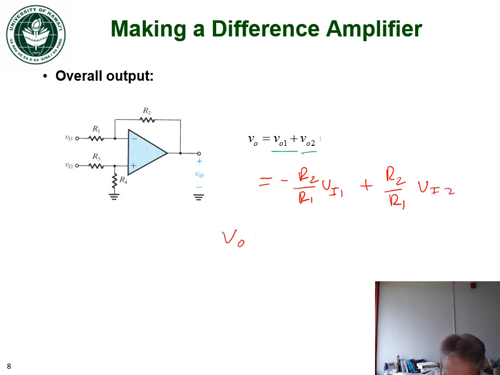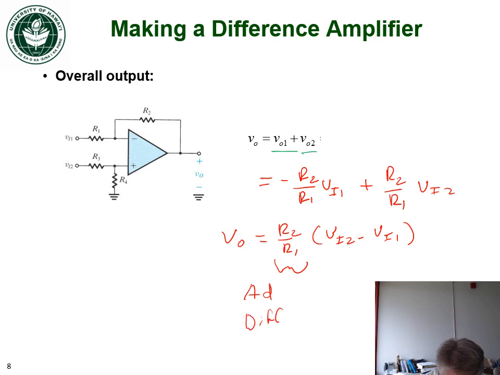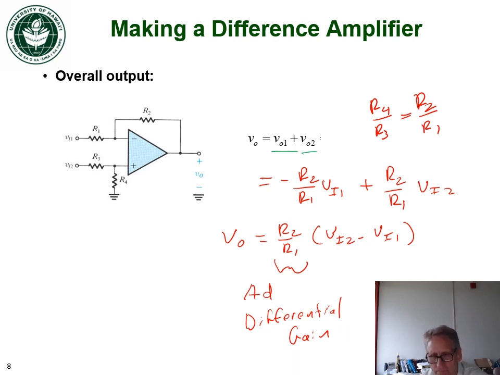So V out is equal to R2 over R1 times VI2 minus VI1. And this component right here, R2 over R1, is what we call AD, or the differential gain. And this is all assuming that R4 over R3 is equal to R2 over R1.